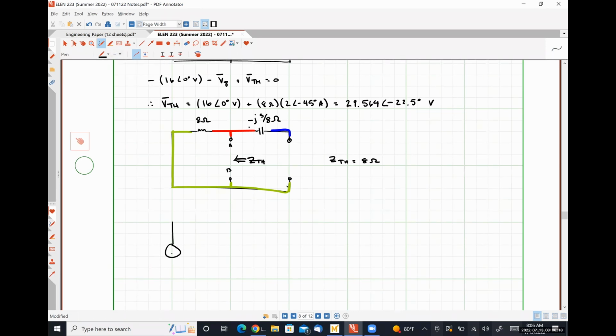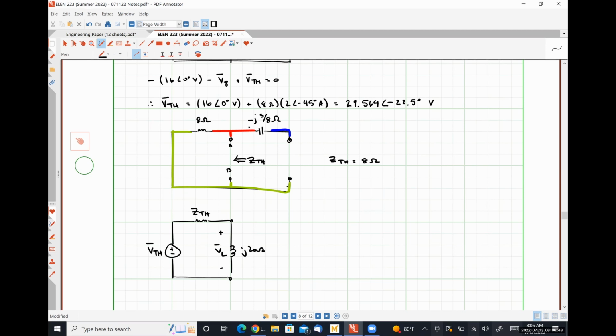So we have VTH here. And we're going to connect our J20 ohm inductor over which our voltage VL that we're interested in occurs.